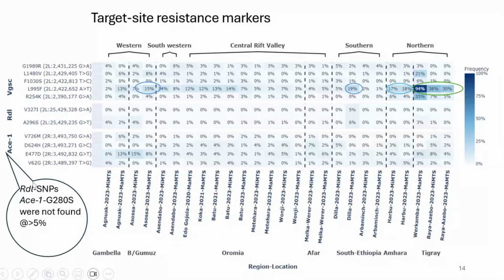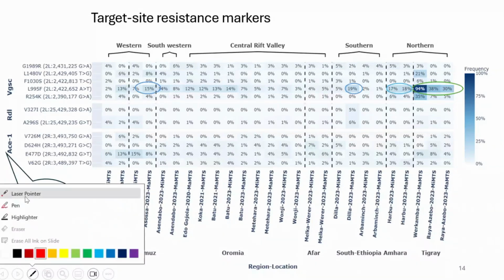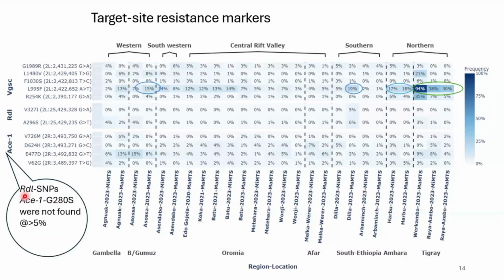Of course, we detected the presence of A296S, which is a non-synonymous mutation that confers resistance to dieldrin, but the frequency was very low. However, importantly, we did not find the G280S mutation or SNP, which confers resistance to organophosphates at the acetylcholinesterase gene.